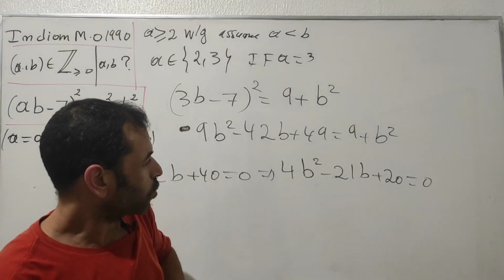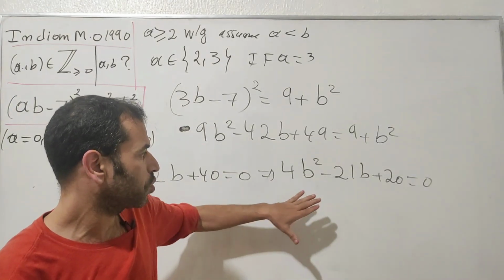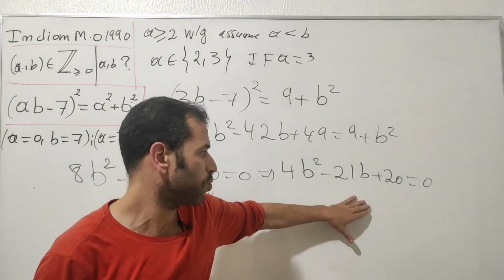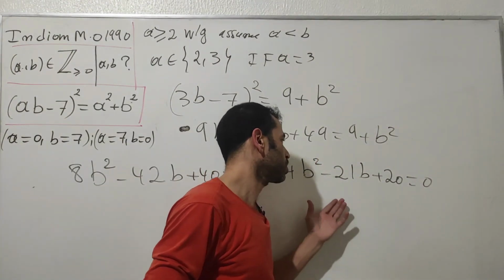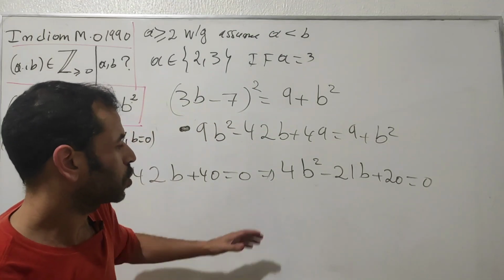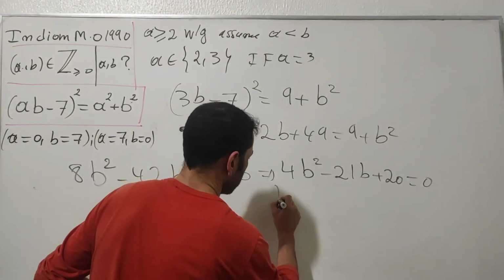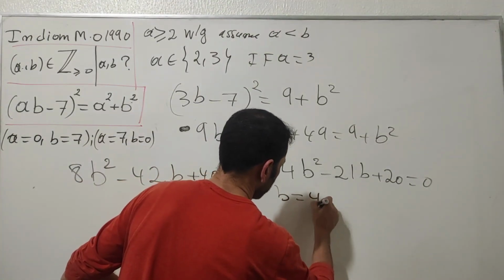I'm not going to use any modular arithmetic because I know we have a solution for this equation at some points, so we don't want to make the equation complicated. Just simply calculate delta.